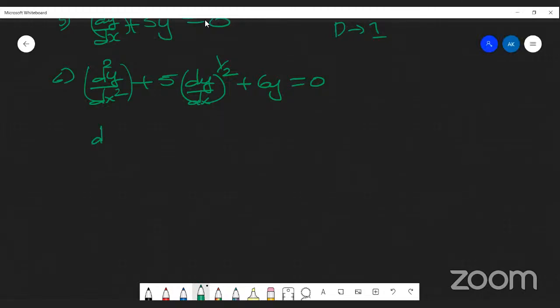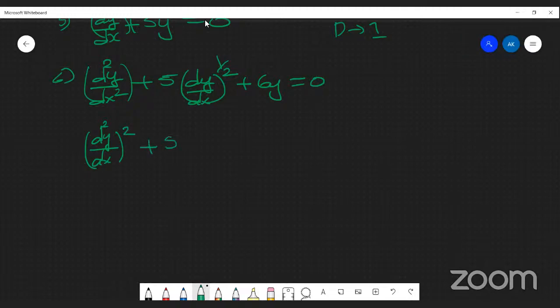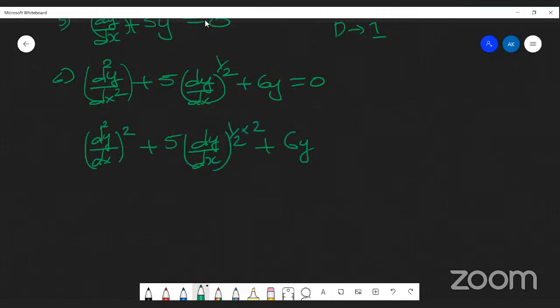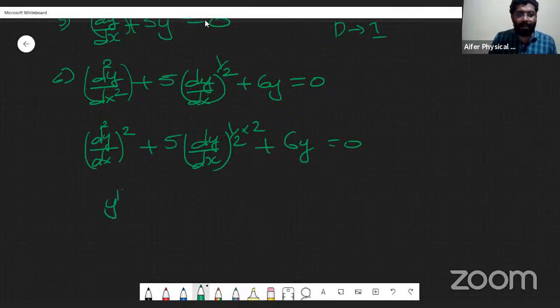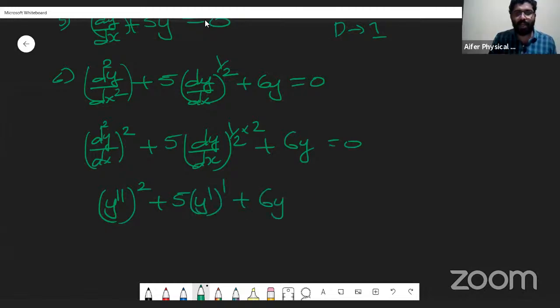Then every differential term whole square. Okay, every differential term we have to multiply with the 2. So 5 dy by dx to the power 1 by 2 into 2 plus 6y equal to 0. If you do that, you will get y double prime whole power 2 plus y prime whole power 1 plus 6y equal to 0. Now your differentials are free from radical. Okay.